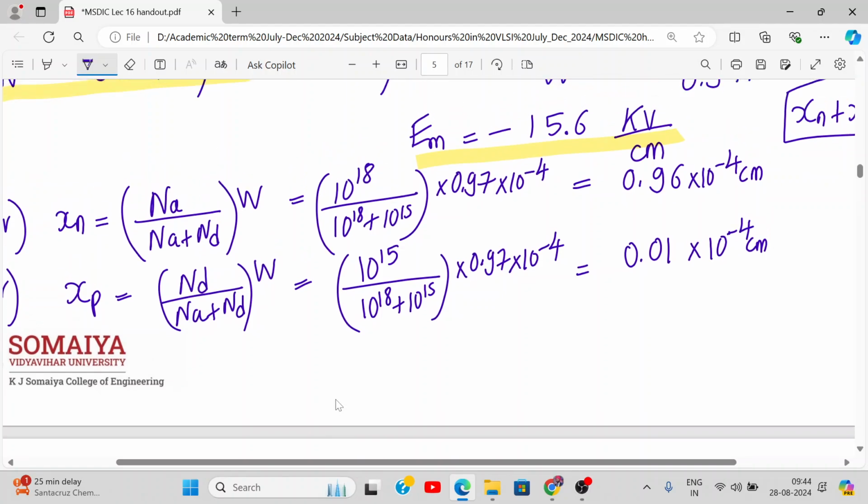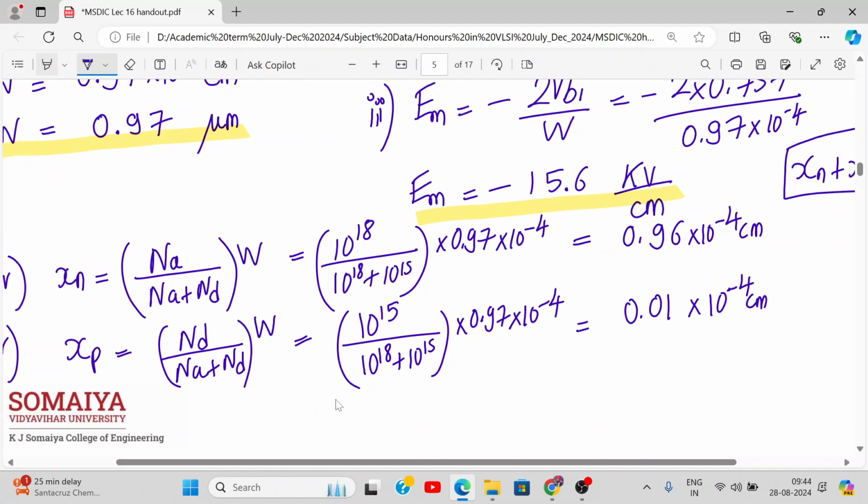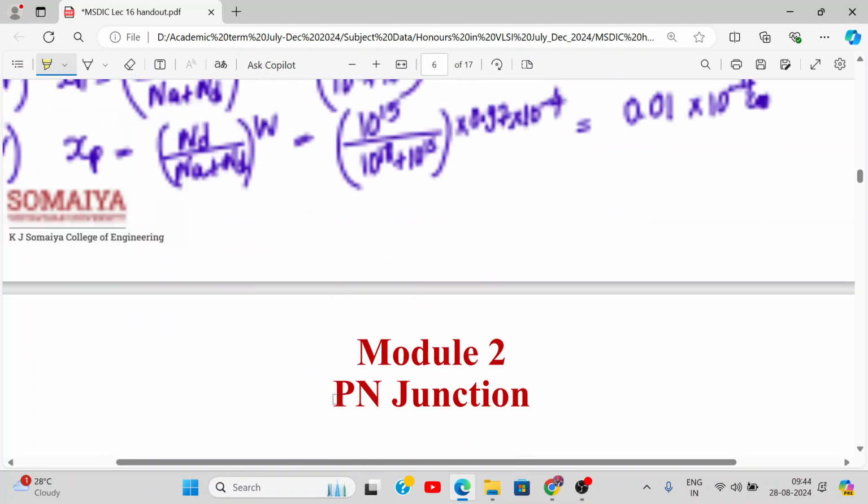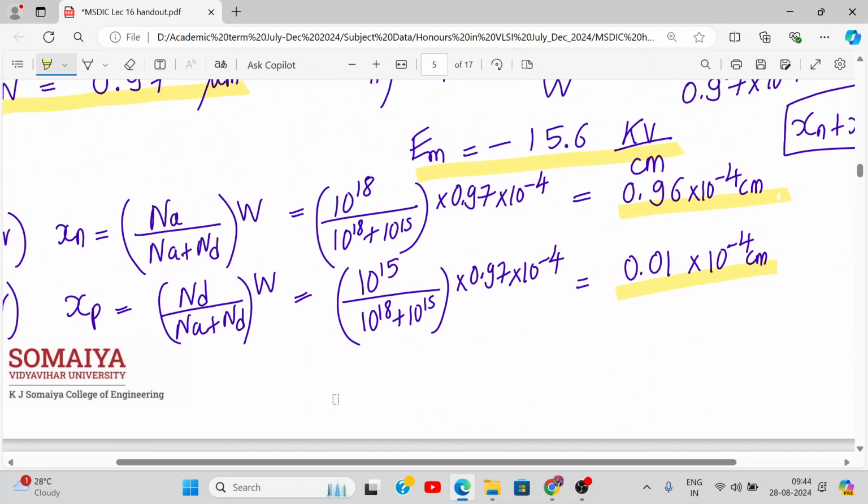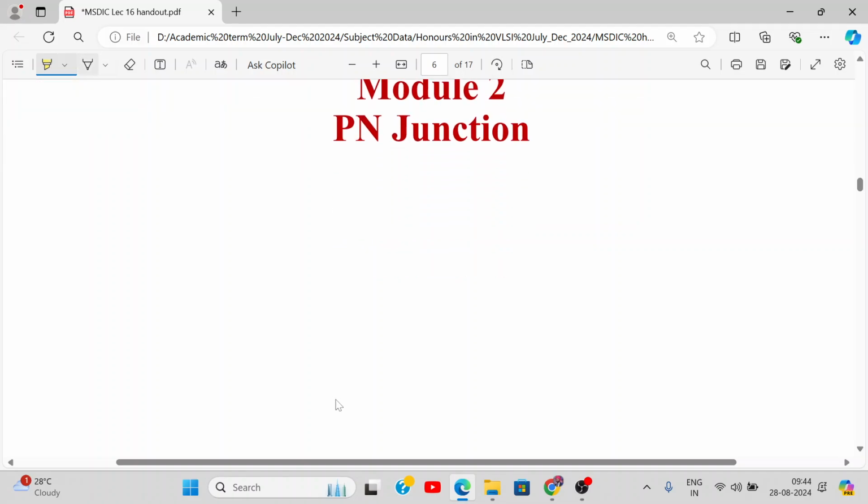Now, how do we comment on the result? We can say the inferences. So let's draw that PN junction.